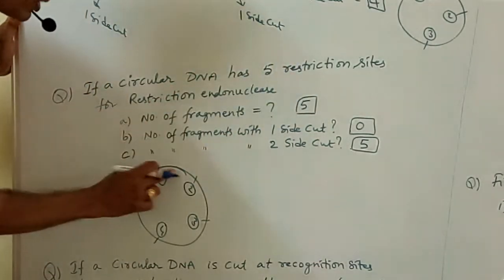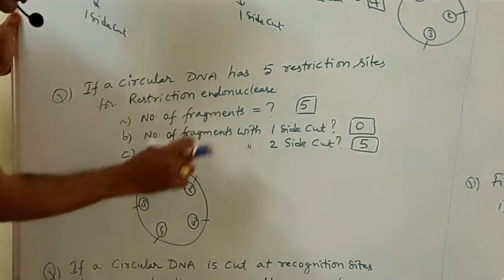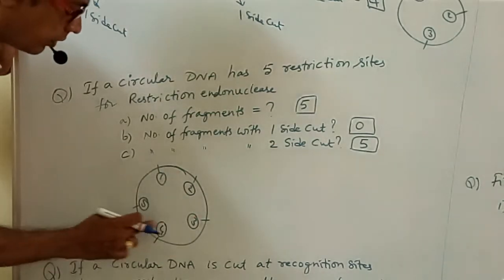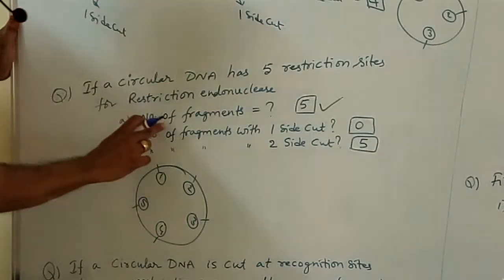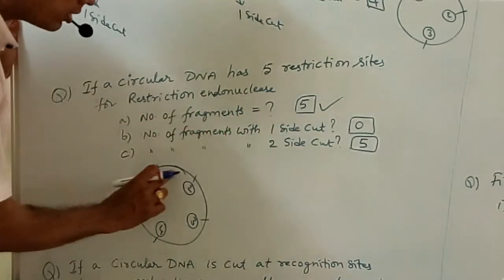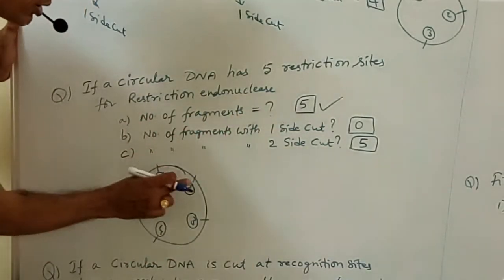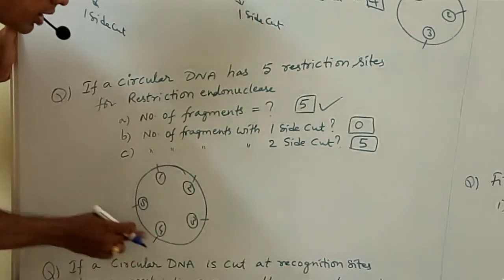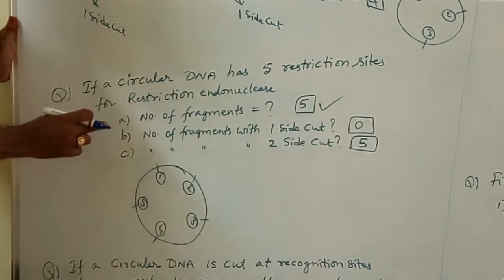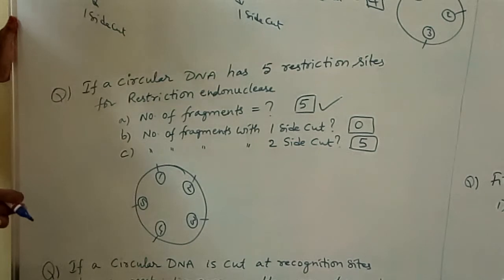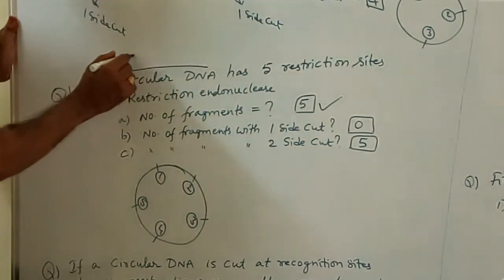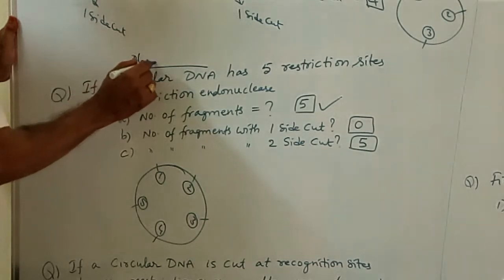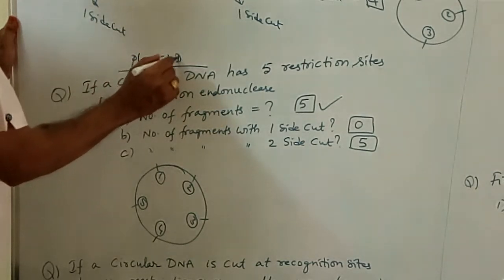Number of restriction sites 5. Number of fragments 1, 2, 3, 4, 5. Number of fragments 5. Number of fragments with one side cut: there are no one side cuts in circular DNA. Circular DNA is nothing but plasmid. If they say circular DNA, or in some cases it may be plasmid DNA.